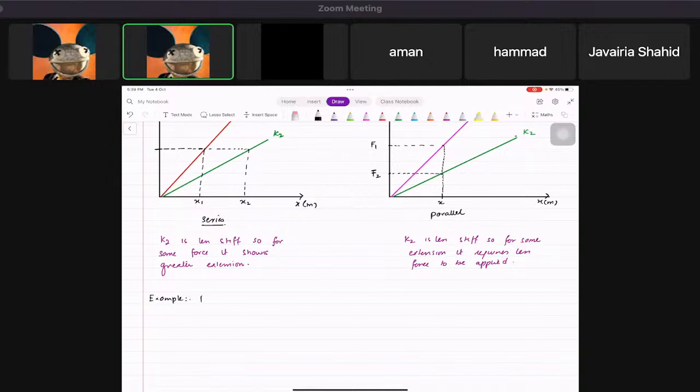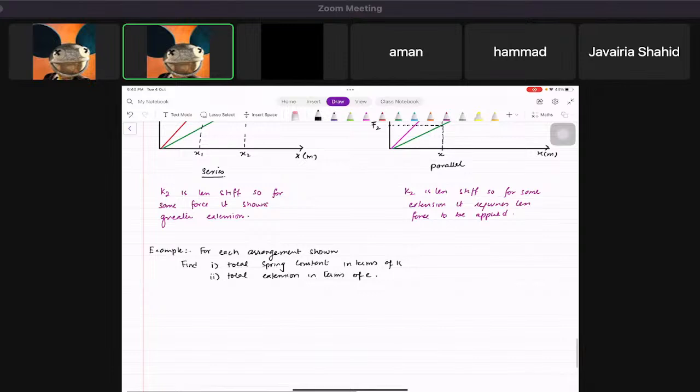So they say for each arrangement shown, find number one, total spring constant, which means combined spring constant, and number two, spring constant in terms of K, and total extension in terms of E, and they've said that each spring has a spring constant K and total load L. Okay, so they've given this.